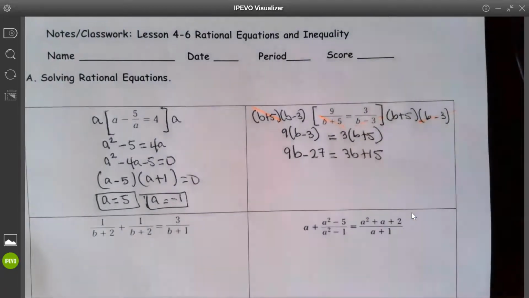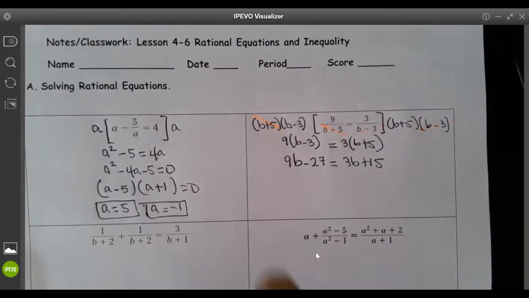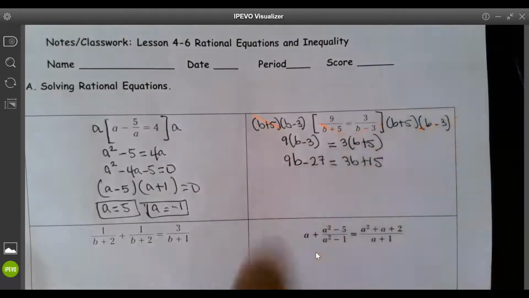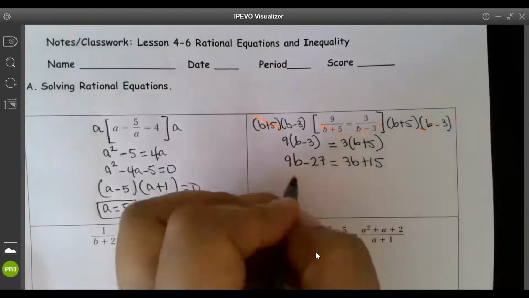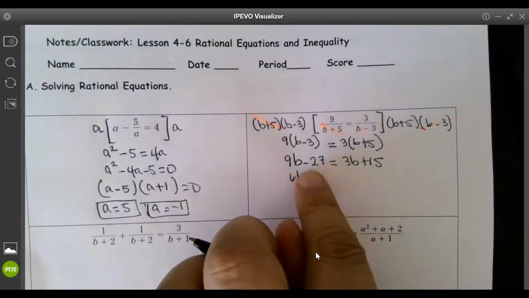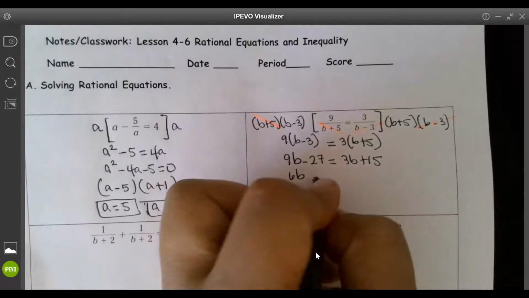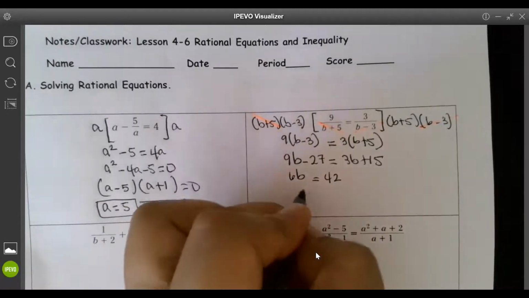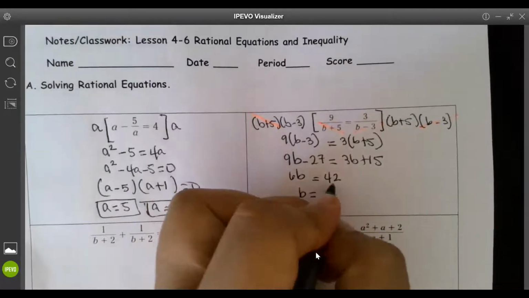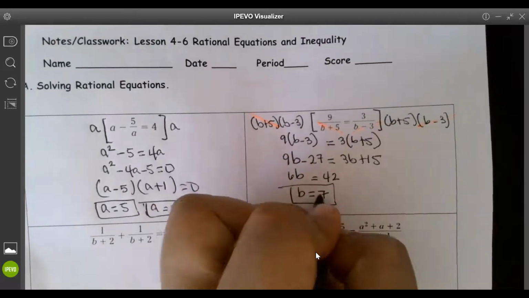Then I'm going to transpose 3B to the left. This is minus 3B, so that one is 6B. Plus 27 and plus 27 will give me 42. Then divide by 6, 42 divided by 6 is equal to 7.